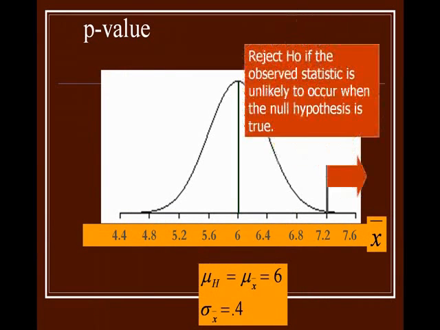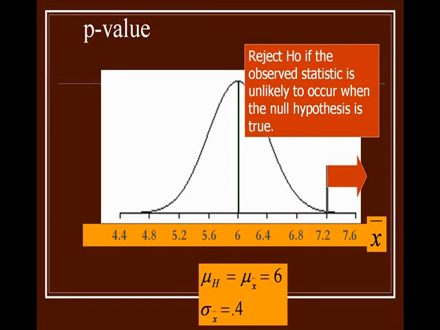Here's our sampling distribution. We hypothesized 6, and in our sample we got 7.2. So we want to know how likely it is we would get that sample mean of 7.2 if the real population mean were 6. Rarely are you going to get exactly 6. You might get 6.1, 5.3, in this case 7.2.